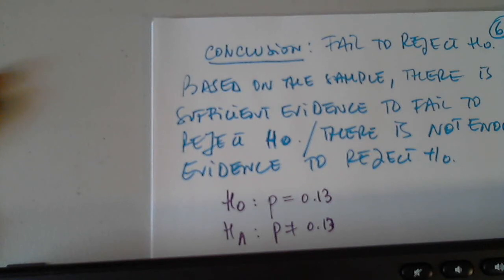Explain what it would mean to make a type 1 error. So reject the null when it is true. If the sample data leads an analyst to reject the null hypothesis and the proportion of cards that result in default has not changed.